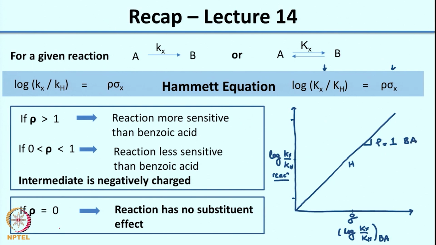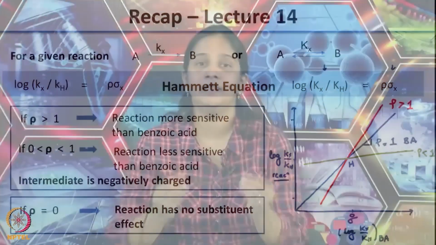So, if you look at a reaction which is more sensitive than benzoic acid, the slope would be greater than 1. If you have a reaction less sensitive than benzoic acid, the slope would be less than 1. Remember, it will always go through 0 0 corresponding to hydrogen. So, in all these cases, remember I had told you about the balance.